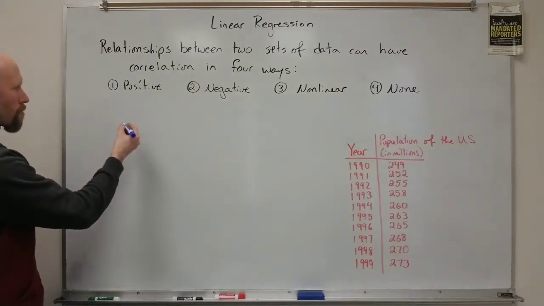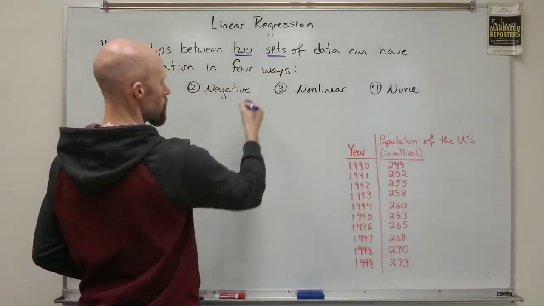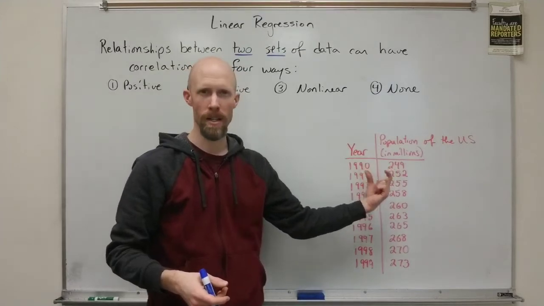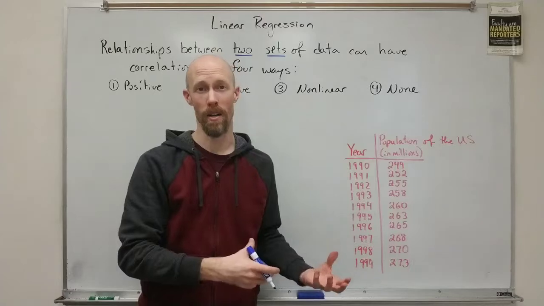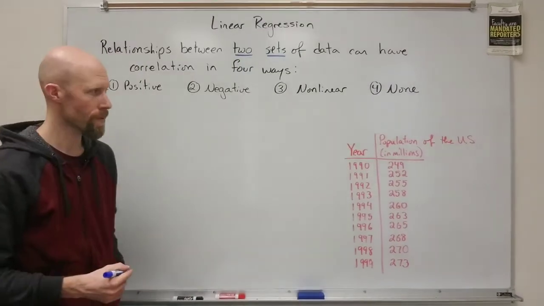So let's take a look at what positive correlation looks like. If you had the two sets of data, essentially you're getting ordered pairs. You're combining these, you get a point like an X and a Y coordinate, and you can plot those points on a graph, okay? We call those scatter plots, all right?